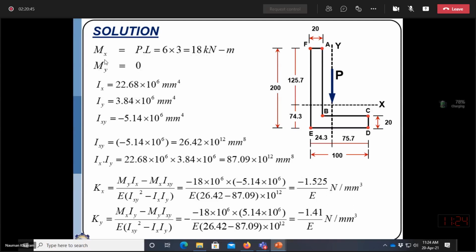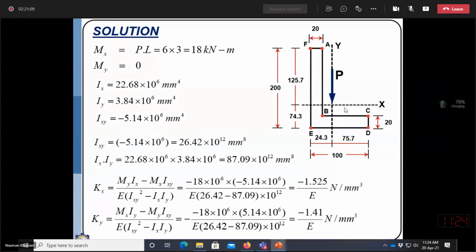Moment about the y centroidal axis will be 0. Why 0? Because we do not have any component of the load acting along x direction. Obviously, if you have an inclined load and resolve it into two components, then you will have one component acting along y and a second component acting along x direction.